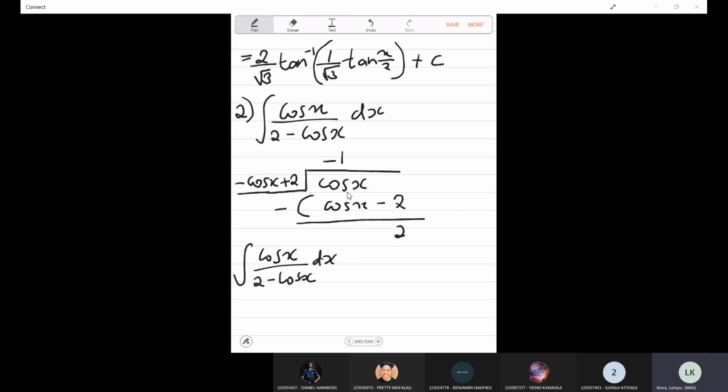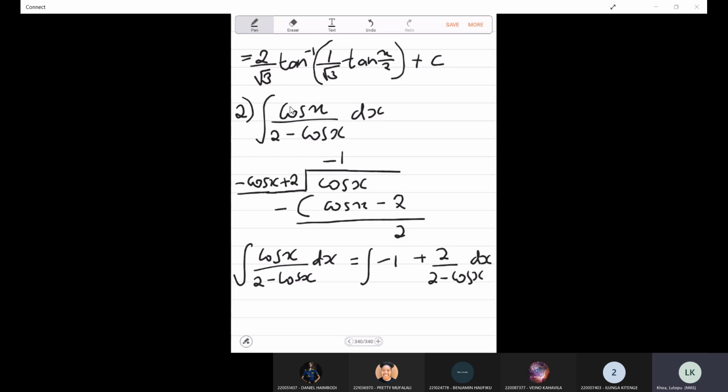So our integral, which was cos x over 2 minus cos x dx, is actually just the integral of minus 1 plus 2 over 2 minus cos x dx, which would be easier to substitute than if I were to substitute in that.